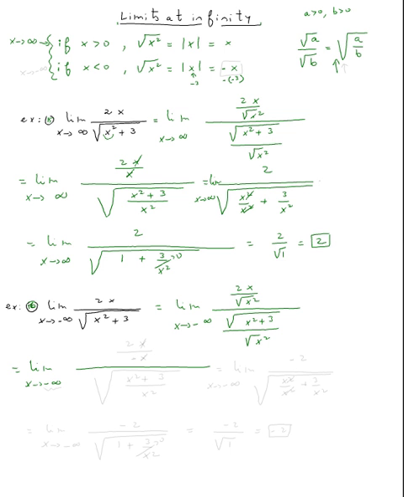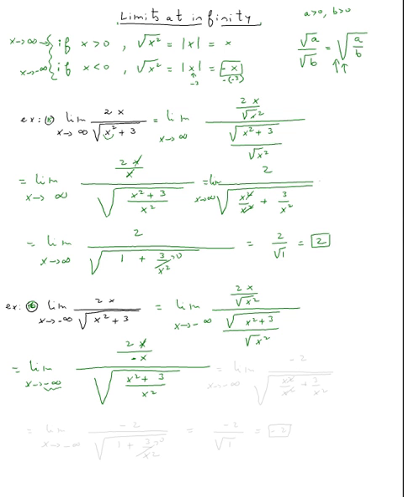Now the denominator is the same, so you get x squared plus 3 over x squared. Right, we're just using this property again. And then here you get 2x over, and this is where there's a difference, the square root of x squared. X approaching negative infinity means x is less than 0, so we use this one, and we get minus x. It's the only difference between number 15 and 16.